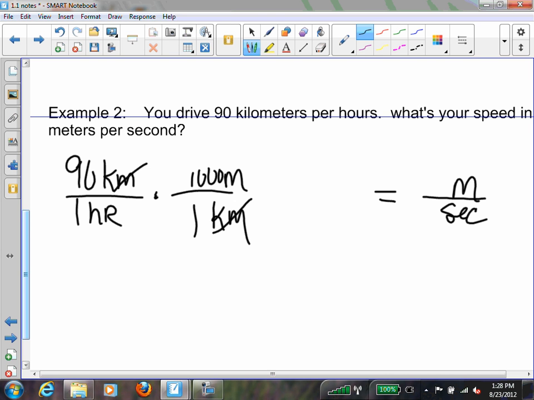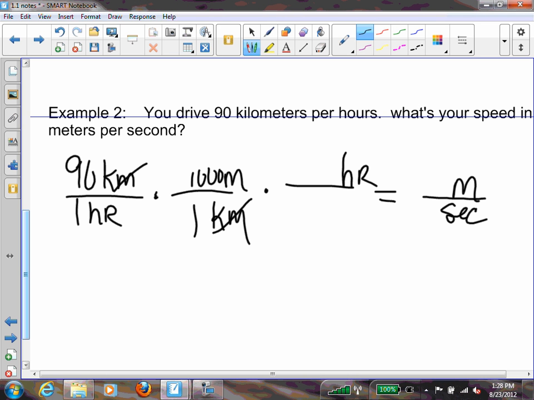My answer is in meters so far, but now I have to convert my time. I have to convert from hours to seconds. Well, you can either do that step by step, or if you know offhand how many seconds are in an hour, that would be fine. What unit is going to go up top? Hours, because it's got to cancel, right? If it's trying to change the hour, it's going to have to go diagonal from it.